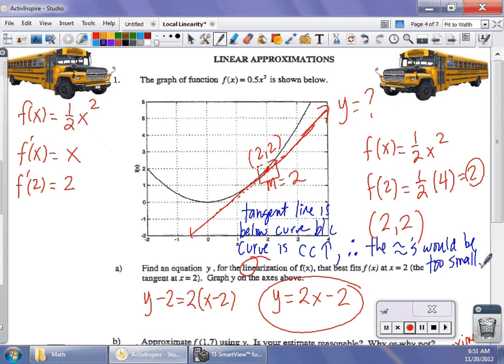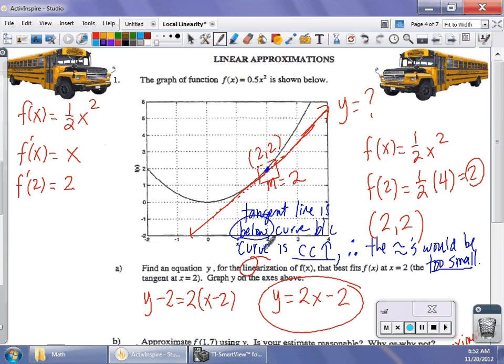Because if the line is below the curve, then the y value outputs are going to be below the y values of the curve. The only place that they coincide is at the point of tangency. So anytime I use this tangent line to approximate y values on that curve, the approximation would always be too small, because the curve is concave up and the tangent line is below.